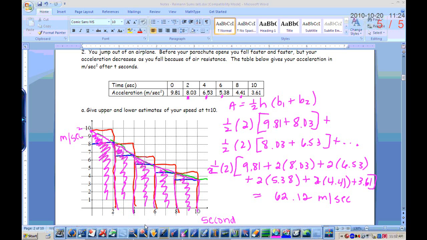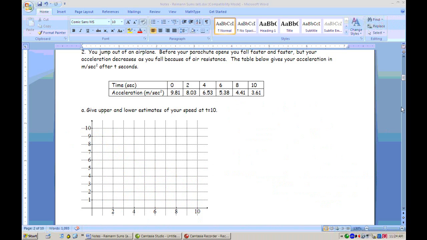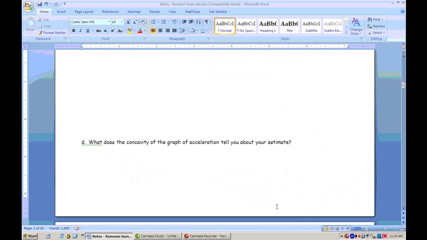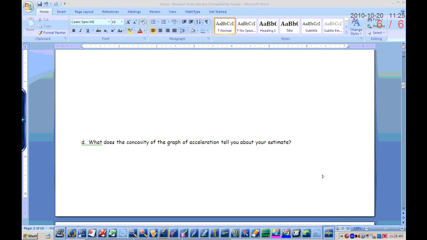Okay, scoot down to part D. What does the concavity of the graph of acceleration tell you about your estimate? And it's not necessarily about this graph of acceleration, but what it tells you about your estimate. And really, I want it to be a trapezoid estimate.